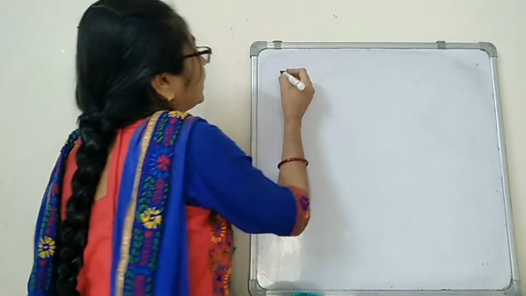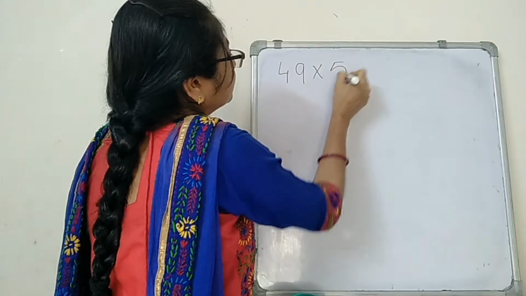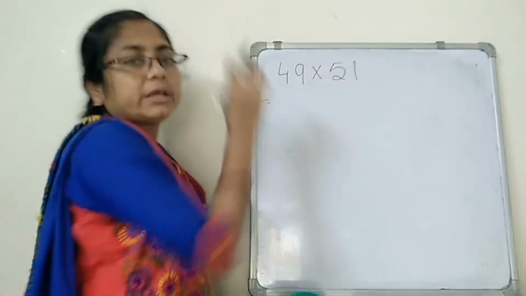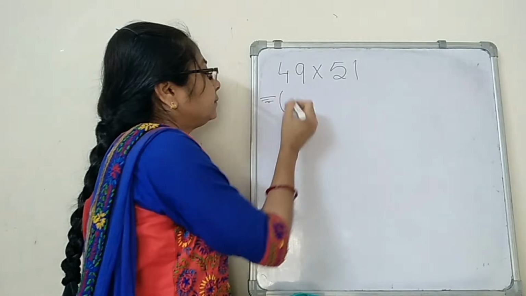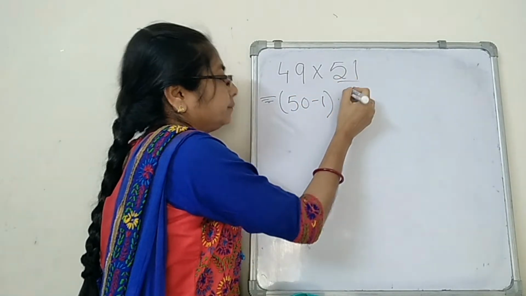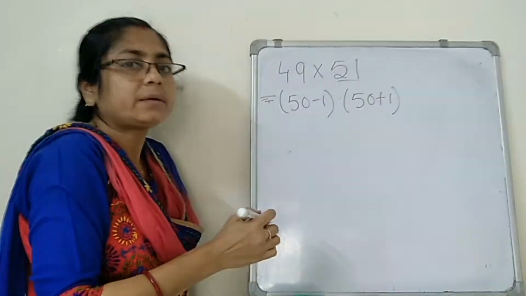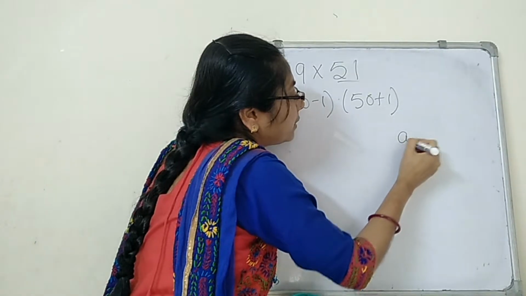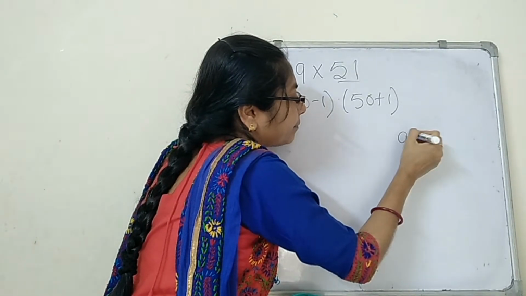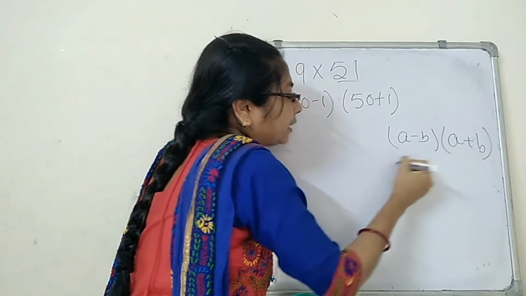Okay, I do the previous math one more time. 49, I break it. 50 minus 1. 51, 50 plus 1. Why? According to the formula, A minus B into A plus B. Multiply it.